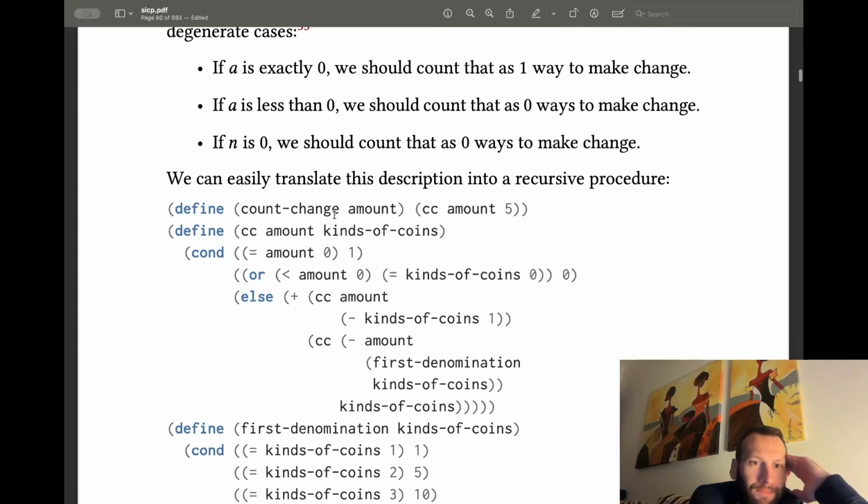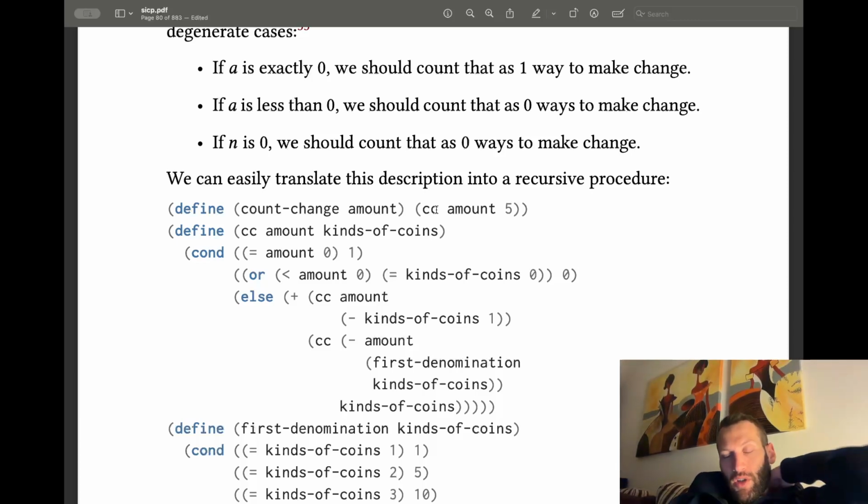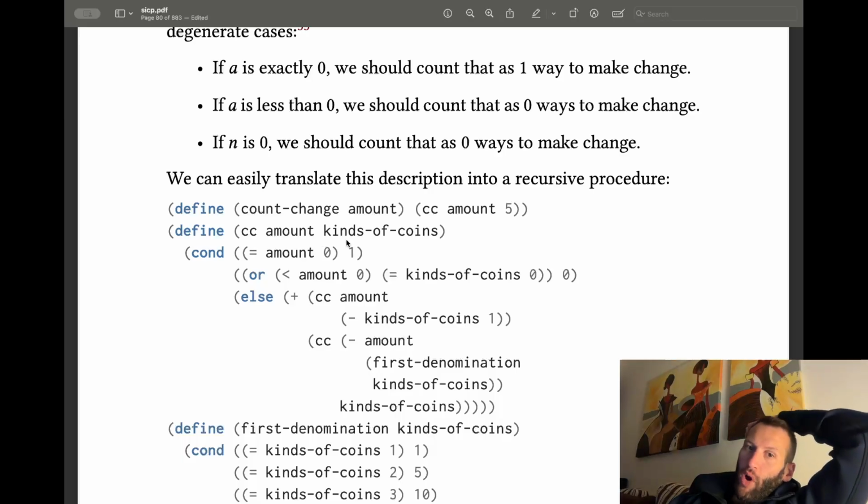Let's see this procedure. The main procedure is count-change, which takes as argument only the amount to be changed. That consists in the cc procedure that is defined below, which takes instead two arguments: one is the amount and the other one is kinds of coins.